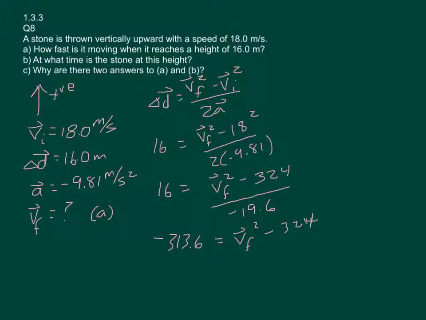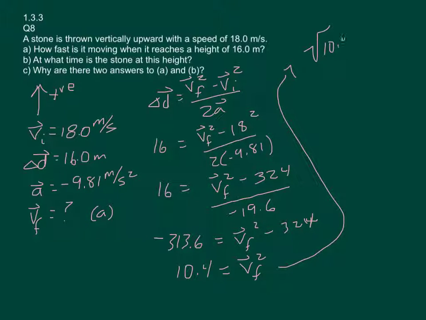So add 324 to both sides. 10.4. Sorry, I got stuff coming up here. 10.4 equals VF squared. I need to take the square root of both sides. So the square root of 10.4 is VF.